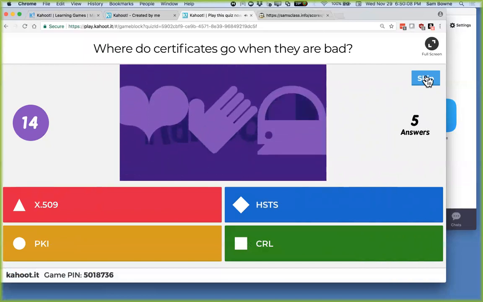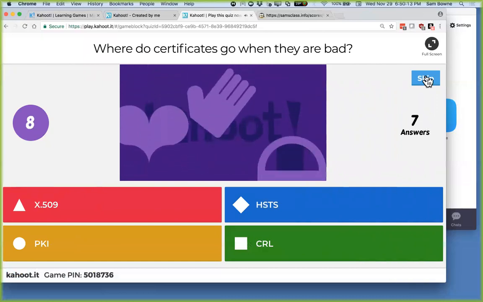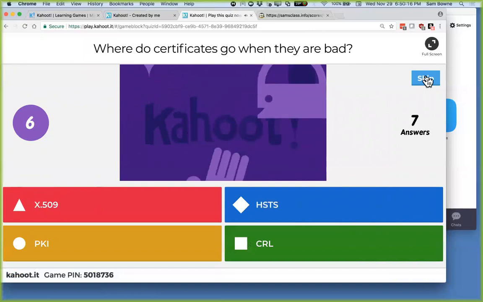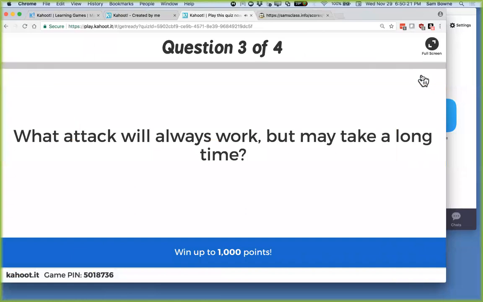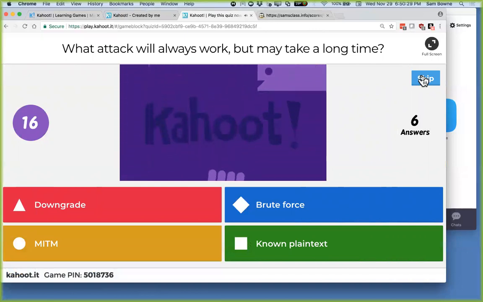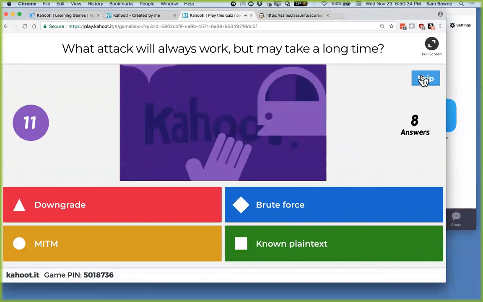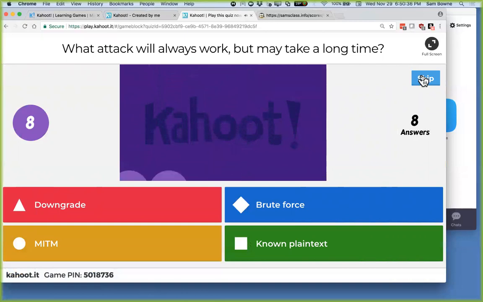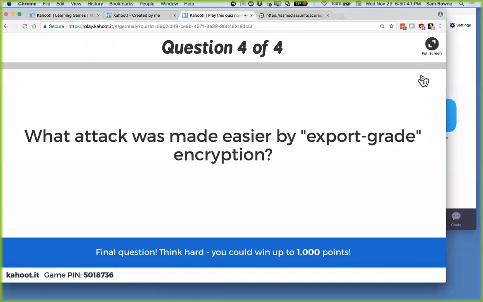Okay, we go to the certificate revocation list. All right, what attack will always work if you have enough time? All right, brute force, good. Okay. What attack is made easier by export grade encryption?